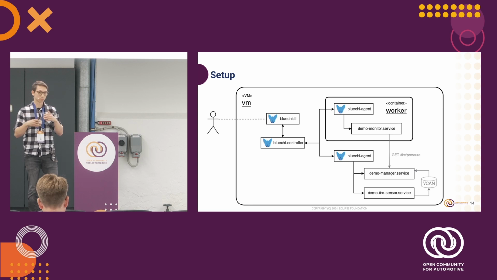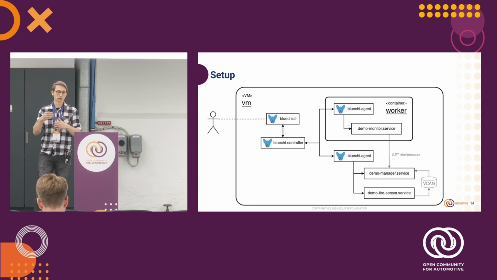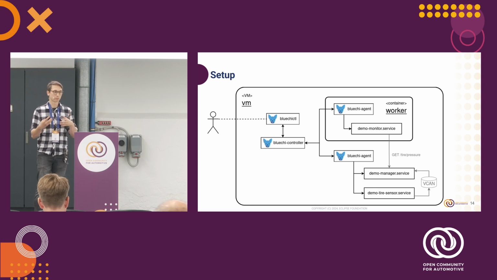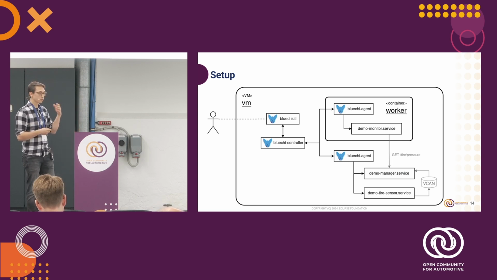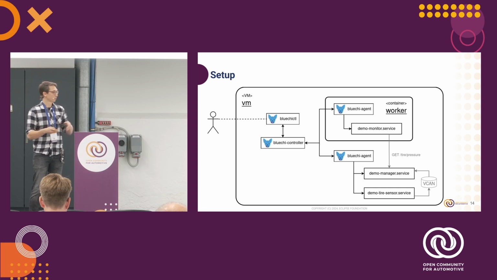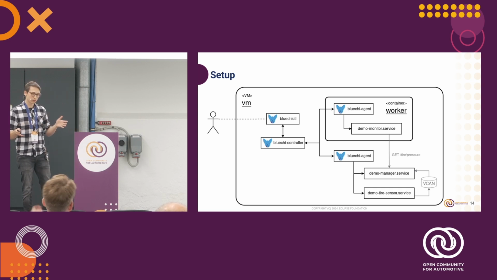We also install the controller and the agent, and have the manager and the sensor application encapsulated in systemd units. For the communication, we just use vCAN. And this isolated QM environment is represented by this worker container, where we have then also a BlueChi agent running, as well as the monitor service.